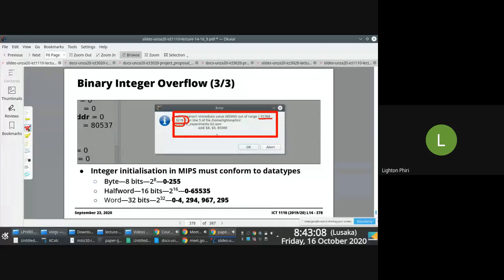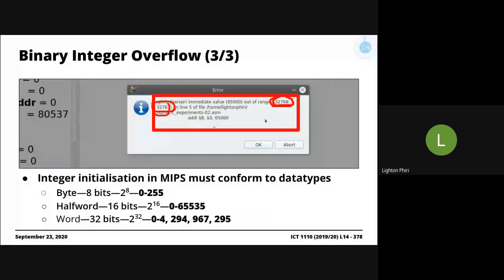Because 65,000 is outside of this range, there's an overflow, so I get an error. I have an exception that comes my way. As a program, I'm writing this code, I get an exception. Right, this is what we're talking about here. I hope this kind of makes sense to people here.